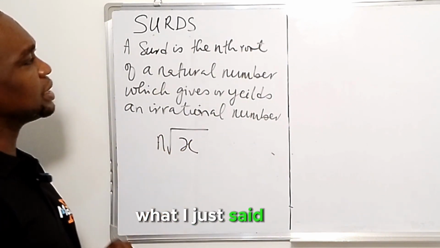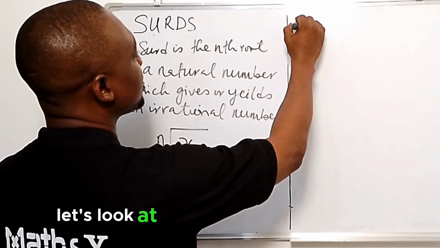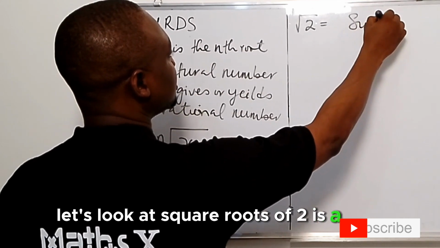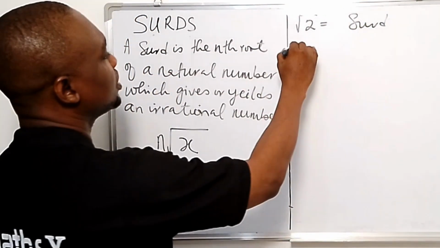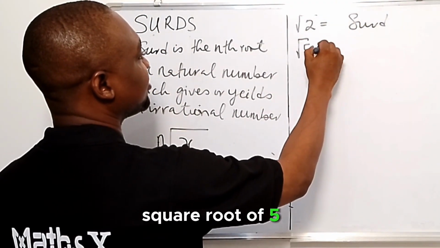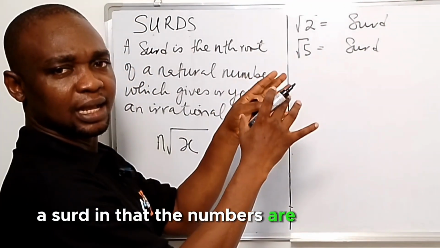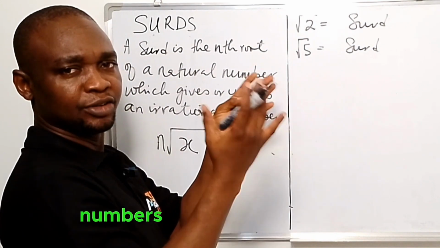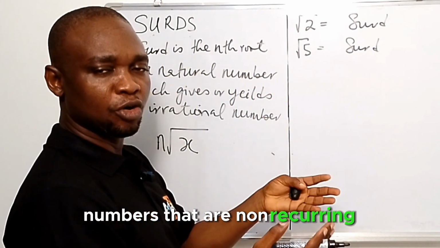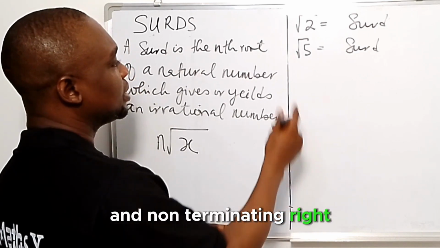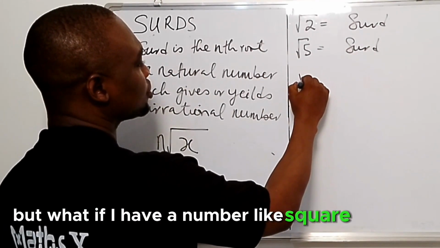Let's look at it: the square root of 2 is a surd. The square root of 5 is a surd, in that the numbers are decimals that are non-recurring and non-terminating, right? But what if I have a number like the square root of 4?